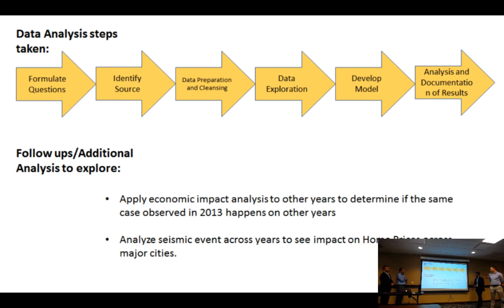The other economic impact that we'd like to further analyze is if the analysis can happen on other years, to determine if the case observed in 2013 happens on other years, such as 2014, 15, 16, and also the home prices.